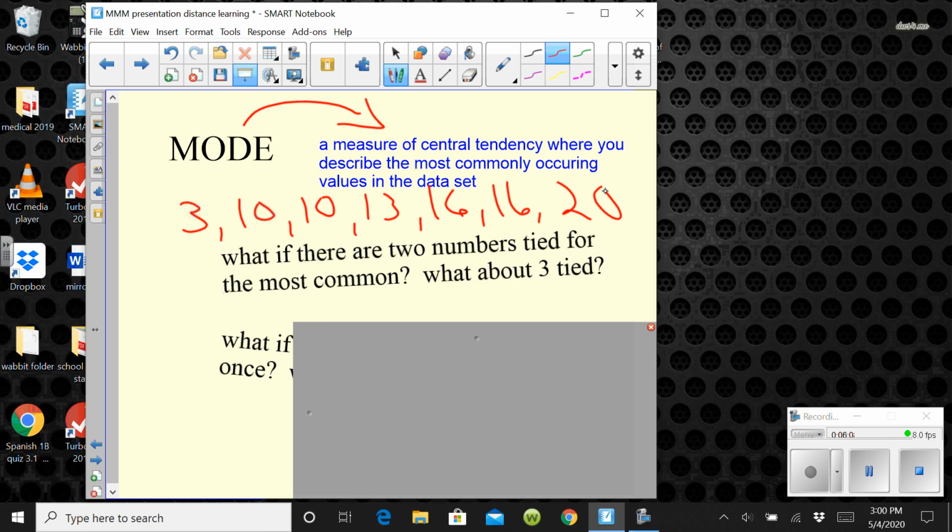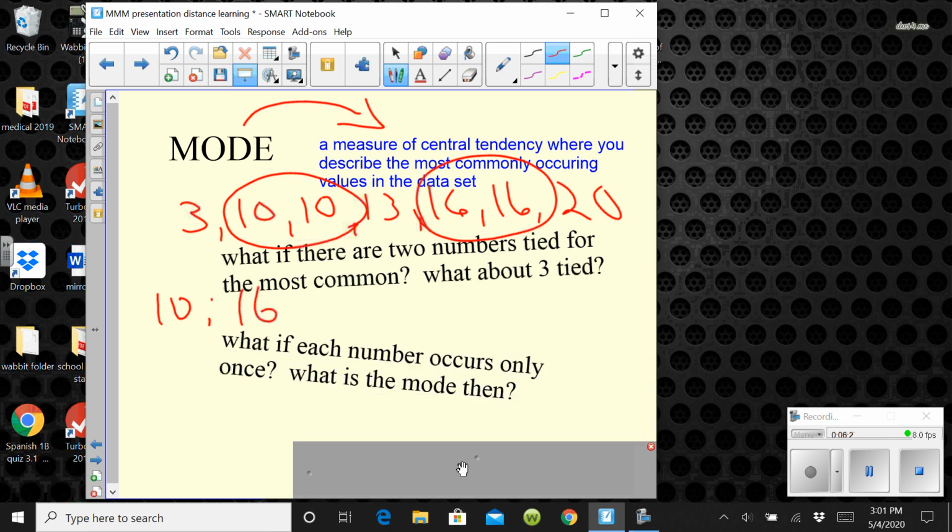Most mathematicians would say then that both of these numbers, 10 and 16, are the mode. So if you had to list the mode, you'd list both numbers, 10 and 16. It's bimodal. If it's a three-way tie, it's trimodal.